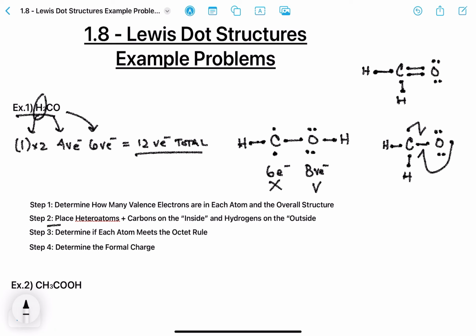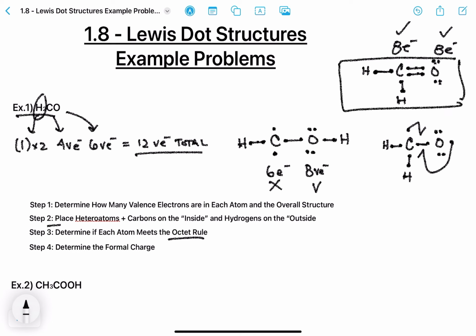Let's take a look. I've got 8 electrons here, 8 electrons here, 2, 4, 6, 8, and then I've got the duets on my hydrogens. So this satisfies step 3, which is to determine if each molecule meets the octet rule. So this is going to be my correct structure.